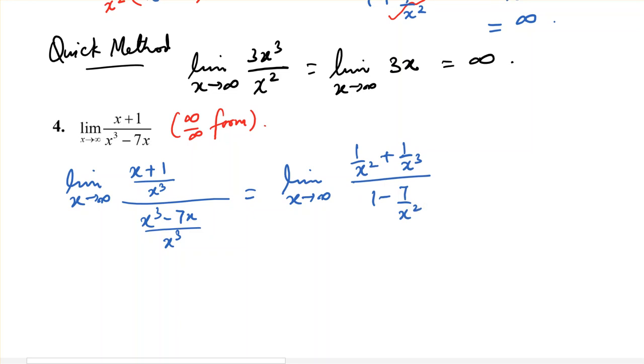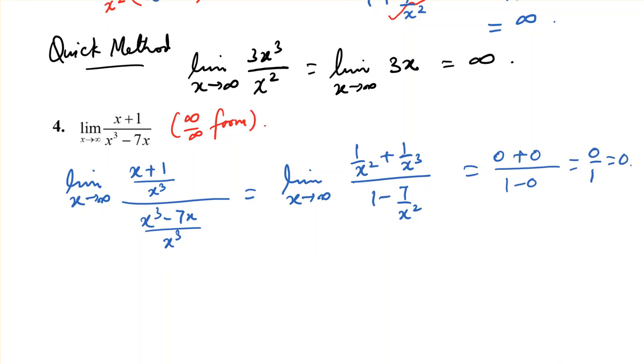Now if we plug in the values, 1 over infinity squared is 0, so we get 0 plus 0 over 1 minus 0. So we get 0 overall, the value of our limit.